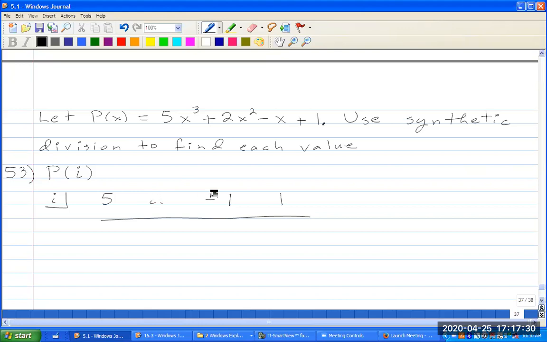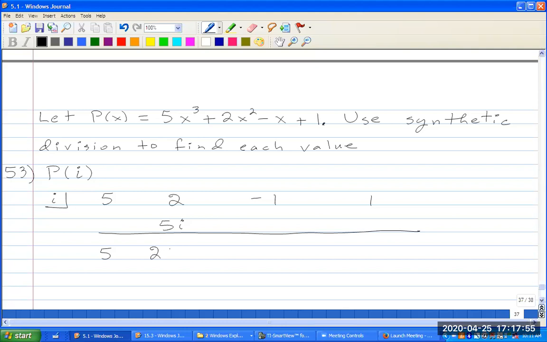Let me get more room here. 2, minus 1, 1. 5, drop down, times I is 5I. 2 plus 5I. Can't combine them.